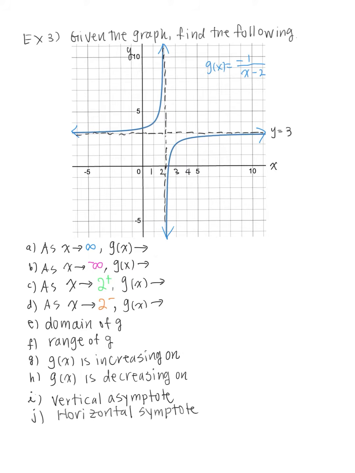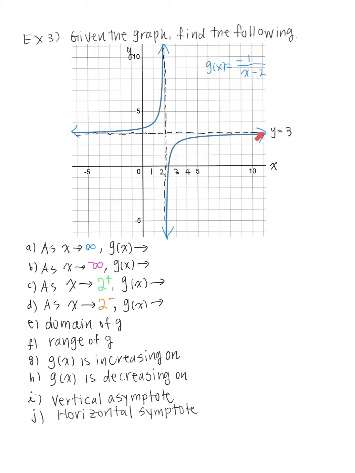Hopefully, you're able to fill in all the blanks here from A through J. So let's take one thing at a time. Let's go with part A. It says, as x approaches infinity, where is our g of x going? As x is going to infinity, remember, g of x values are the y values, right? So where is this tail end approaching? y equals 3, isn't it?